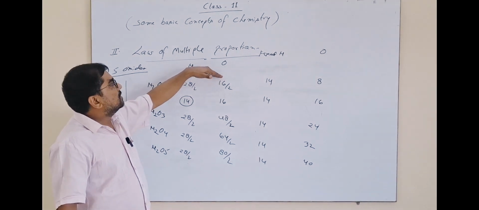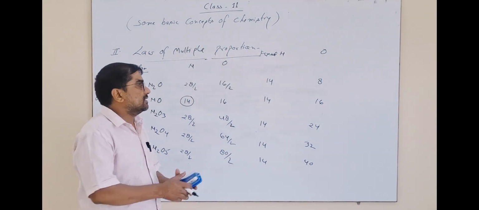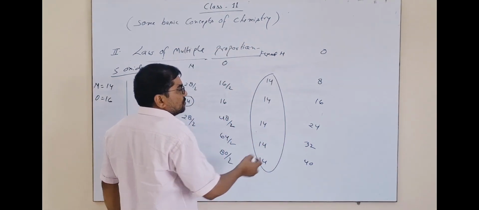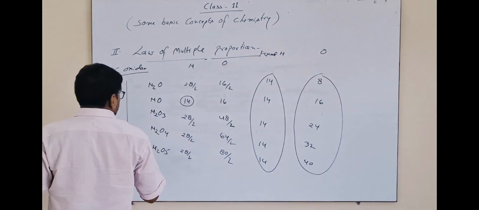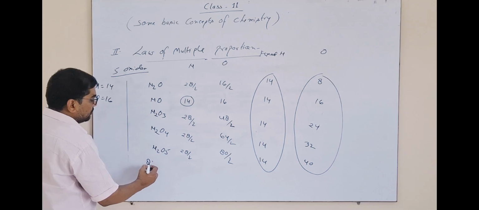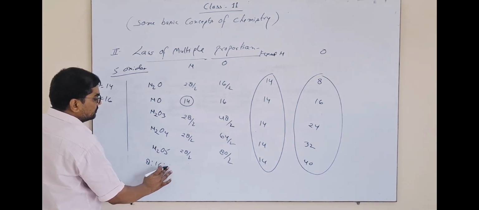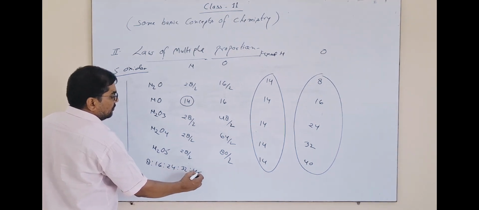This is called law of multiple proportion and was proposed by Dalton. So here taking a fixed amount of nitrogen and variable amount of oxygen, what is the simple ratio among the variable amount of oxygen? 8 ratio 16 ratio 24 ratio 32 ratio 40.